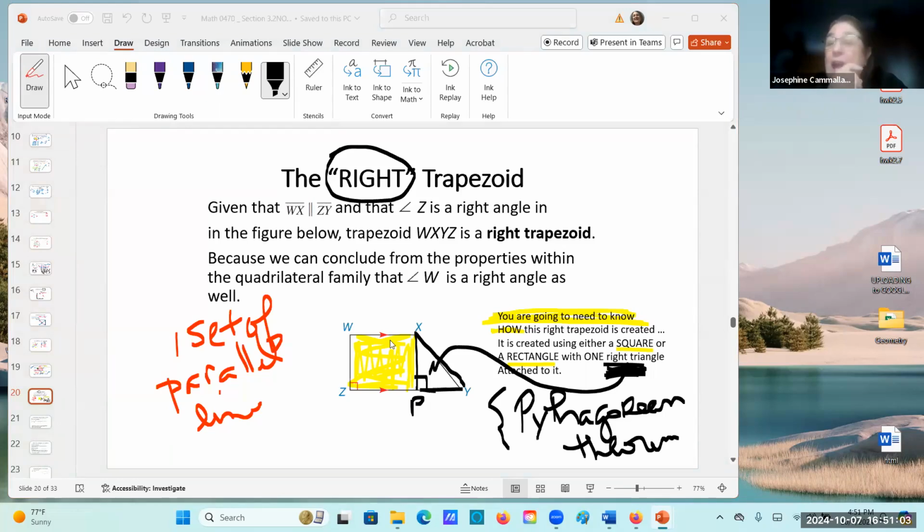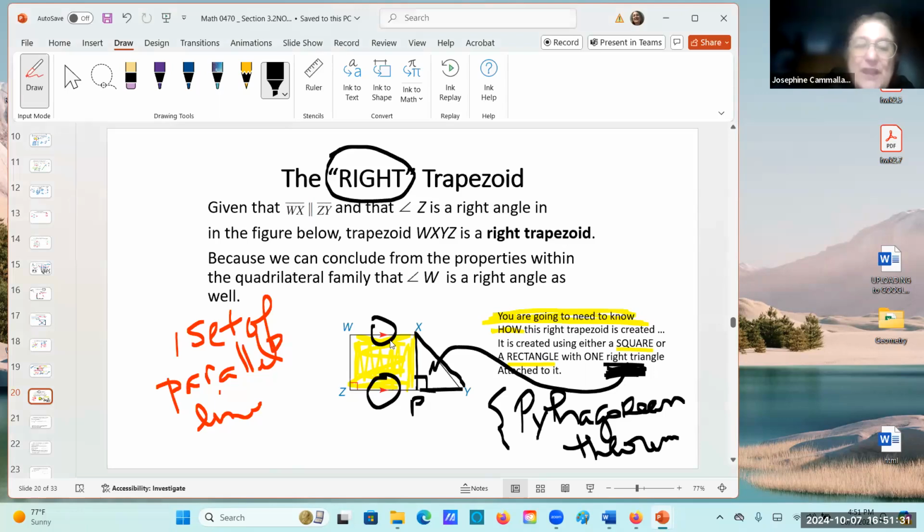No, Chris, okay. In a regular, or what we call a general trapezoid, you only have one set of parallel lines. Only one. And those parallel lines are the top base and the bottom base.